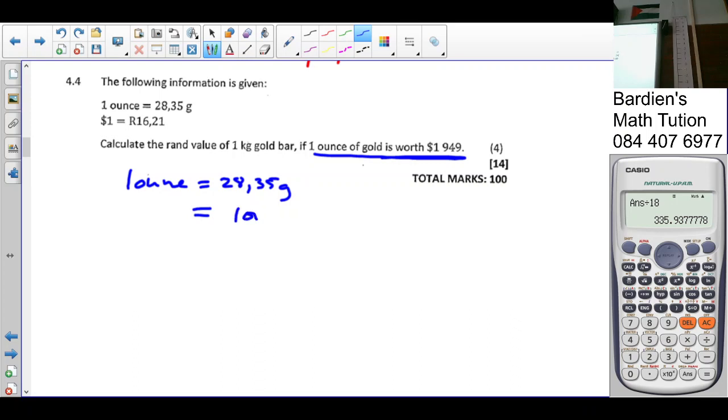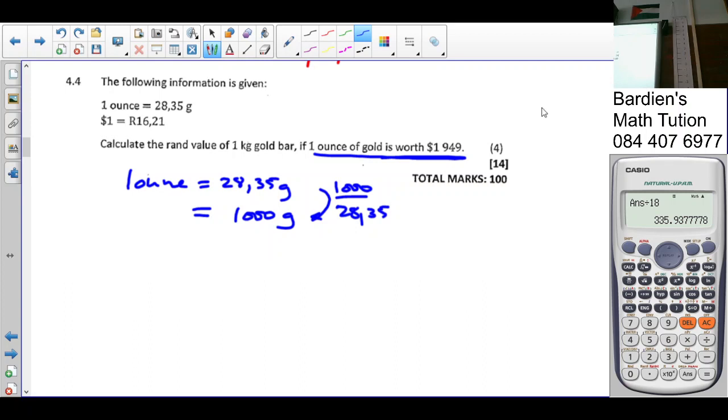So there's 1,000 grams. So in the ratio, we only multiply or divide. So how do I get from there to there? I multiply this by 1,000 over 28.35. You all agree with it?